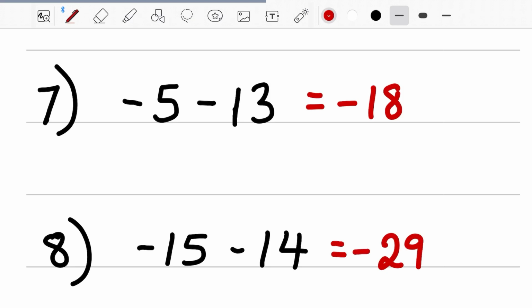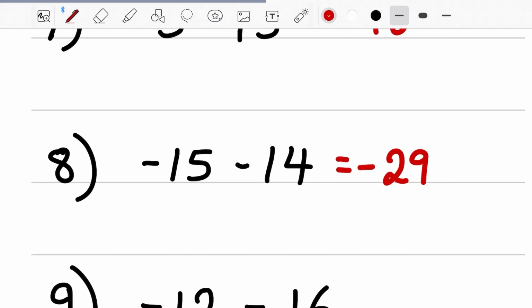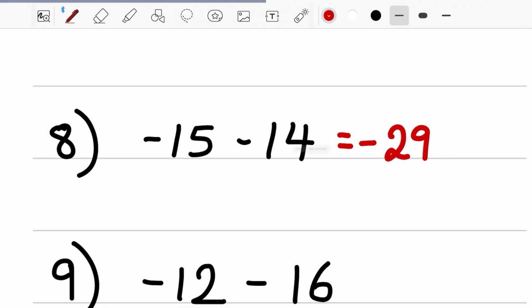So your final answer is negative 29. Okay, for question 9, we have minus 12 minus 16. Again, both of these signs are the same, so we add 12 and 16. That gives us 28 as our answer. However, the signs are negative, so we must add a negative sign.